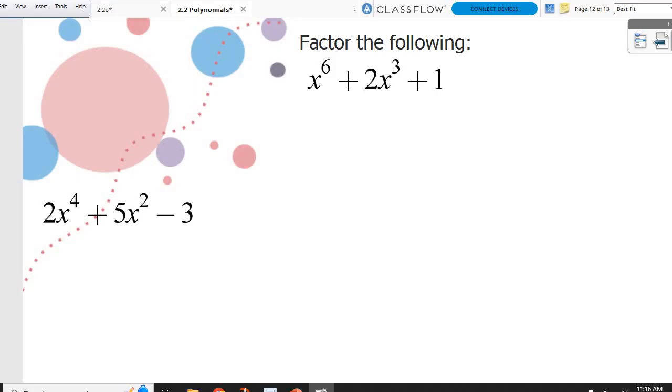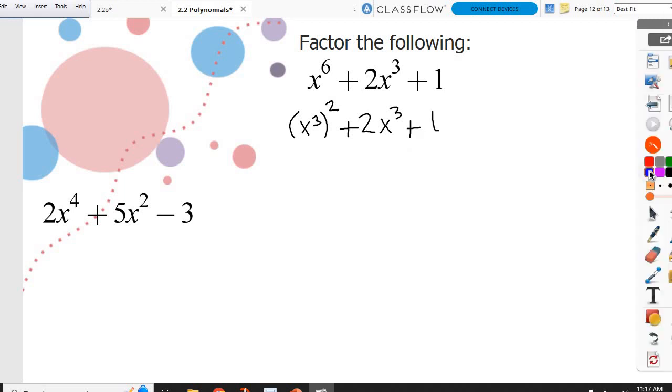Agreed? Now, could we rewrite x to the 6th as something squared? What can we rewrite it as? x to the 3rd. So what do we notice about the x that's in the first spot and the x that's in the second spot?